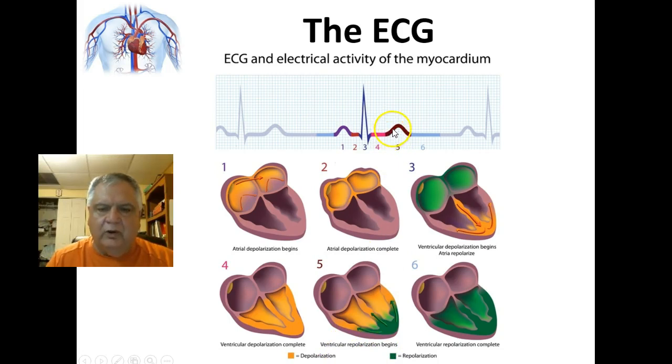That means that we're going to get all of the ions back into their original positions, right, where we have positive outside and negative inside along the surface of the cardiac muscle fibers. So while we're getting that repolarization to occur, we have this next upward deflection, which is the T wave. And then at number 6 here, ventricular repolarization is complete, and we're back to the flat line, and we're ready to begin a new cardiac cycle.